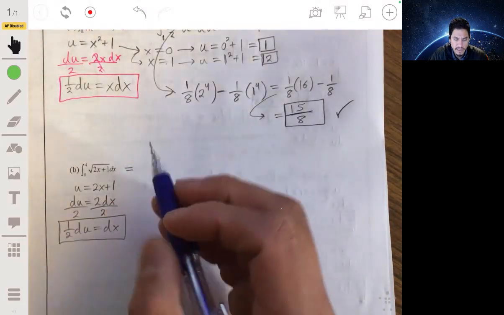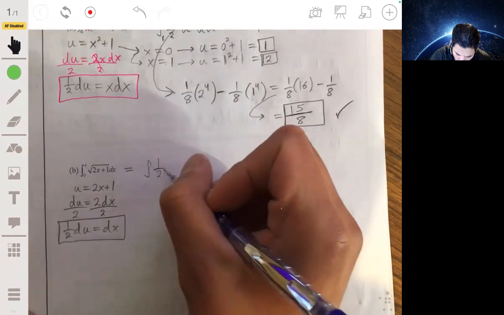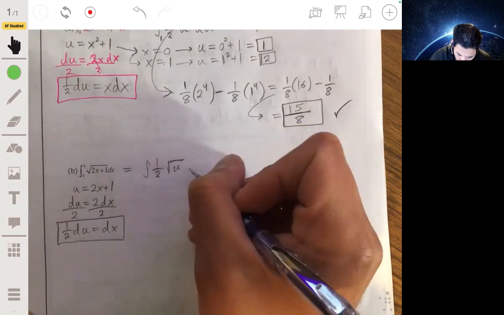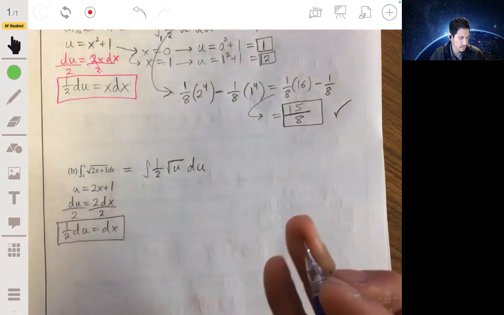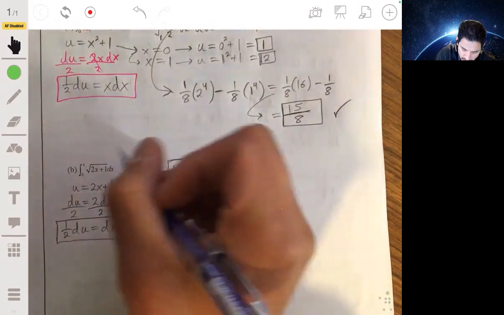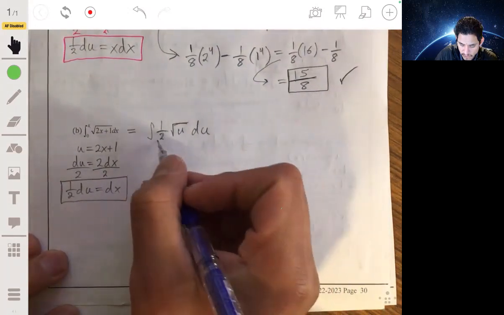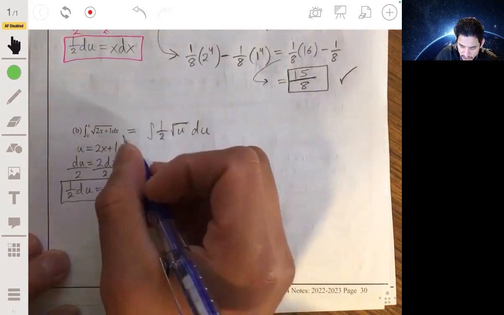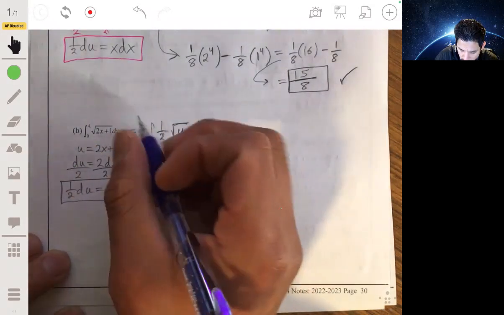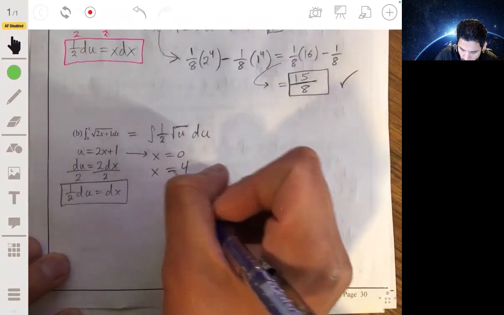And so we're going to rewrite this now as the integral of 1/2 times the square root of u du. And again, these endpoints are in terms of x. So we can't just put 0 and 4 as the endpoints. But what we can do is rewrite them in terms of u, which is actually what I recommend. So let's figure out what u would be when x is 0 and when x is 4.